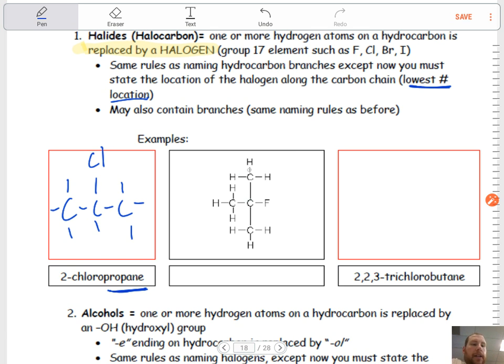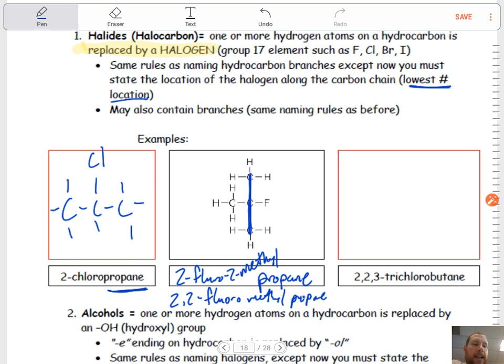All right, same thing here. Let's take a look. Here's my chain. The longest chain is going to be 3, so that would be propane. Notice how now it would be 2-fluoro, 2-methyl, and I'm going to run out of space here, so excuse me for going off at an angle. 2-fluoro, 2-methylpropane. You could potentially also see this one, guys, as 2,2-fluoromethylpropane.